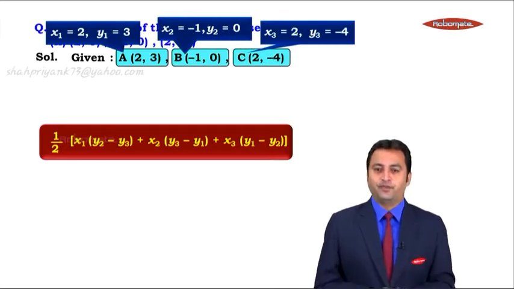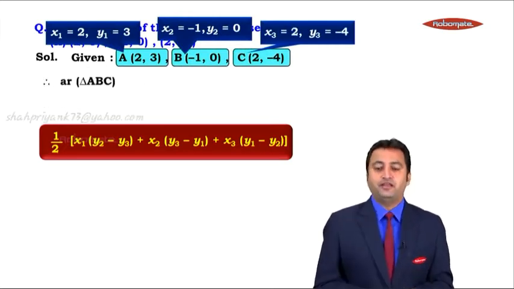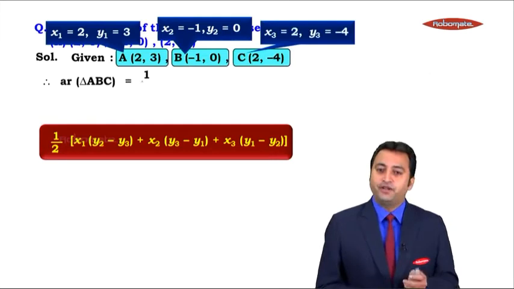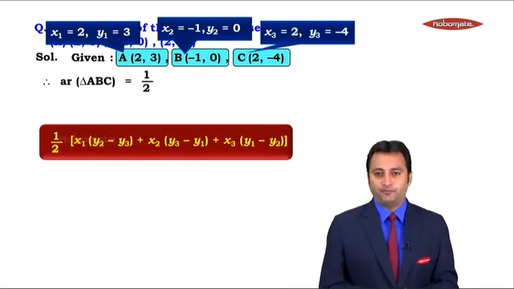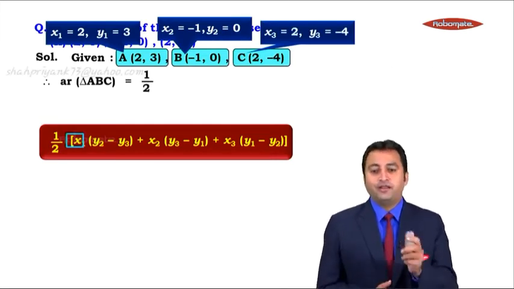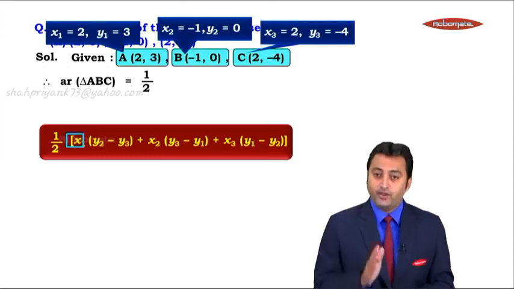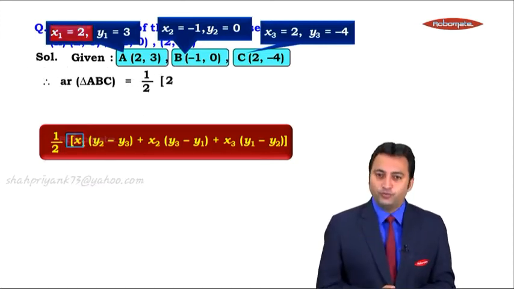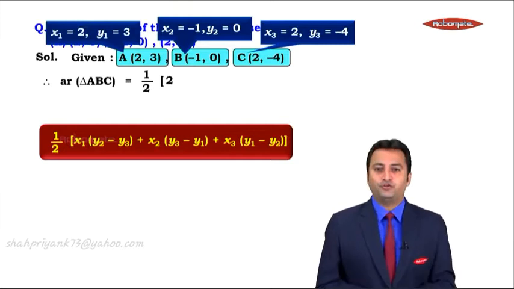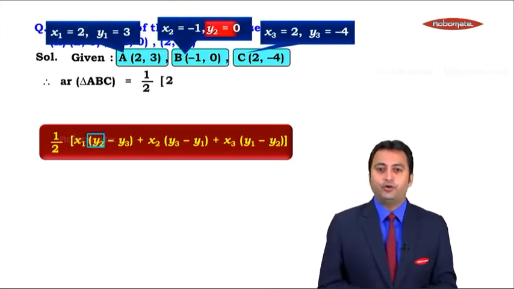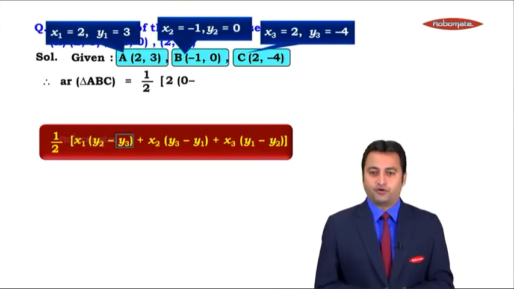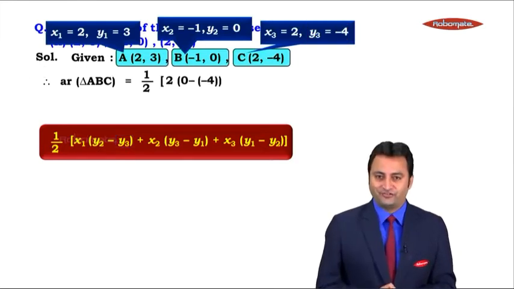Let us solve it. Area of triangle ABC is equal to half into, now be careful, first term is x1 into bracket (y2 minus y3). How much is x1? It is 2 into bracket (y2 minus y3), which will be 0 minus of minus 4. Look at the first term. Yes.